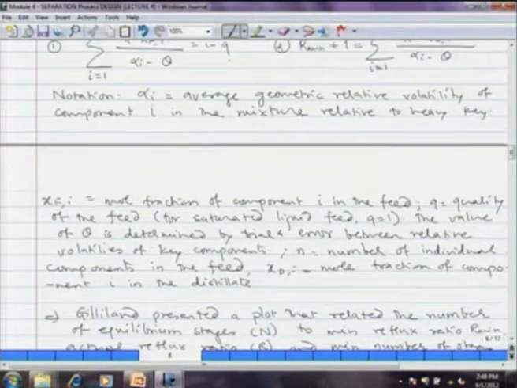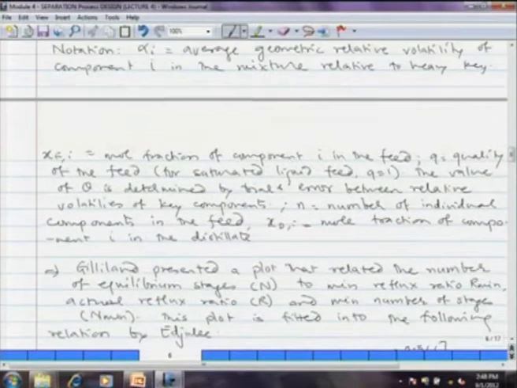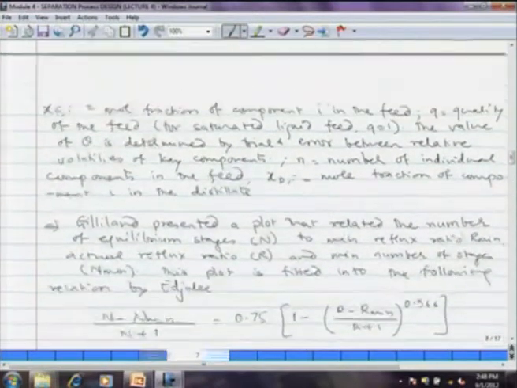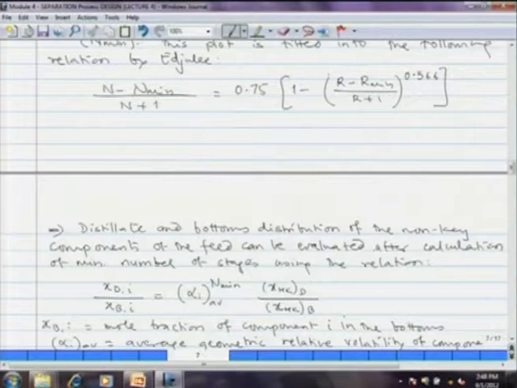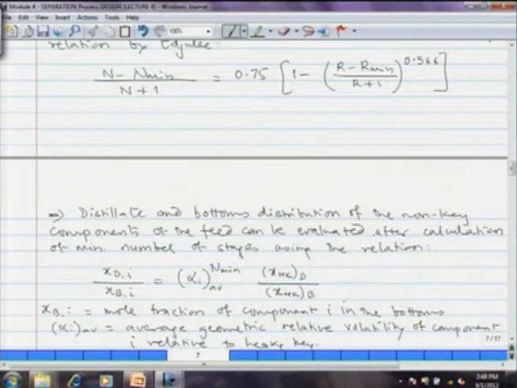x_Di is the mole fraction of component i in the distillate, and that can be determined from the minimum number of plates. Distillate and bottom distribution of the non-key components in the feed can be evaluated after calculation of minimum number of stages, but minimum number of stages again are determined by Fenske's equation.